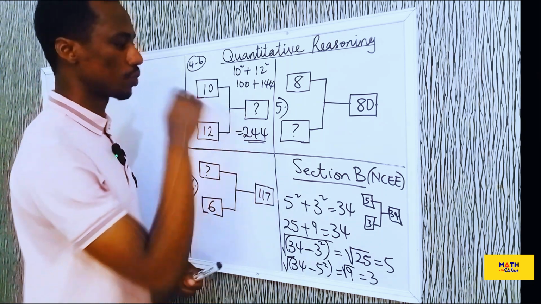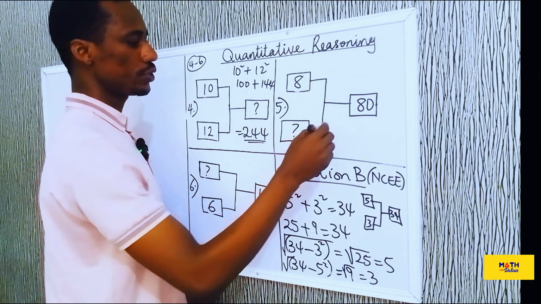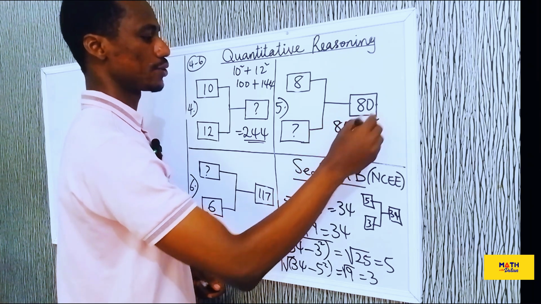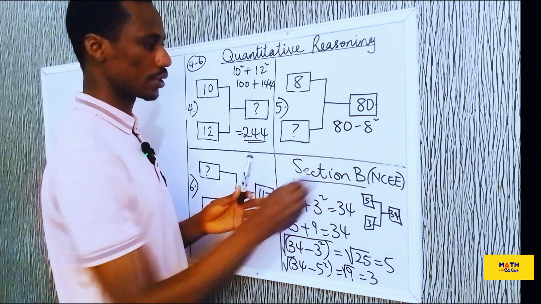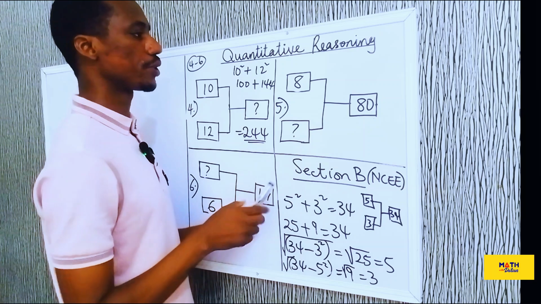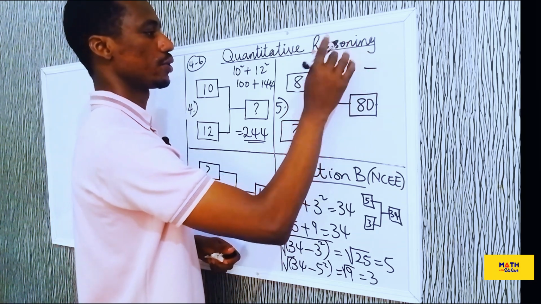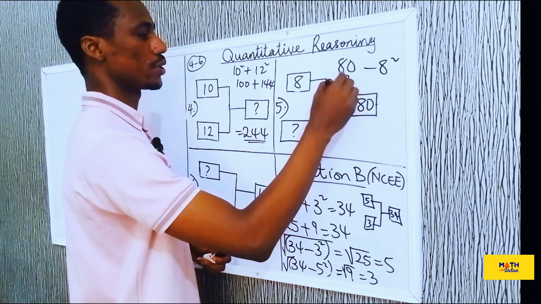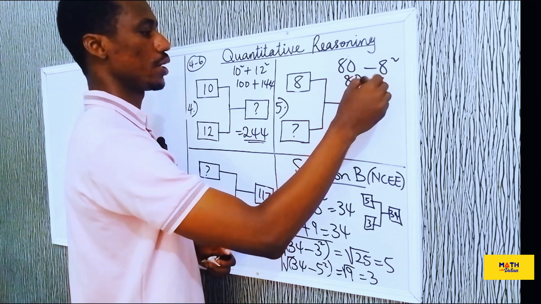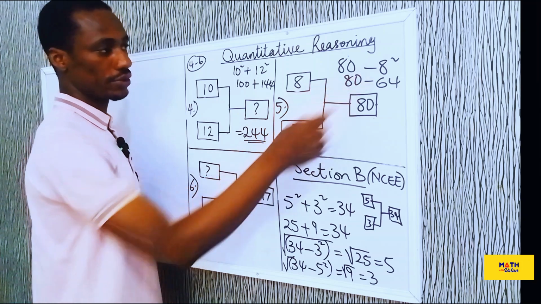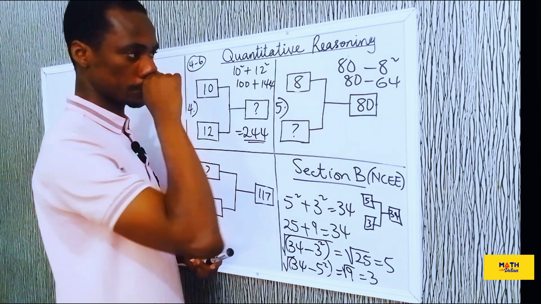So that's what we're going to do here now. We do subtraction first. 80 minus 8 squared. 8 squared is 64. So I'm going to do 80 minus 64. Whichever method is easier for you, just do your subtraction.